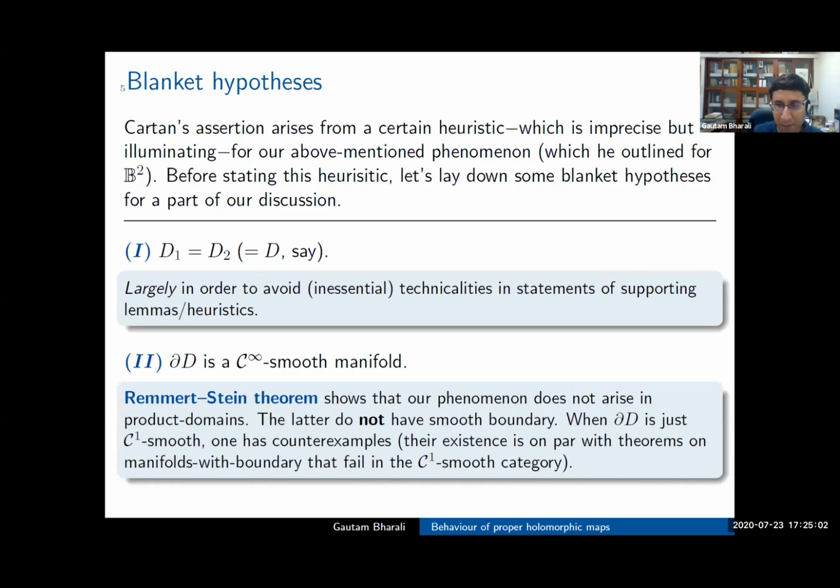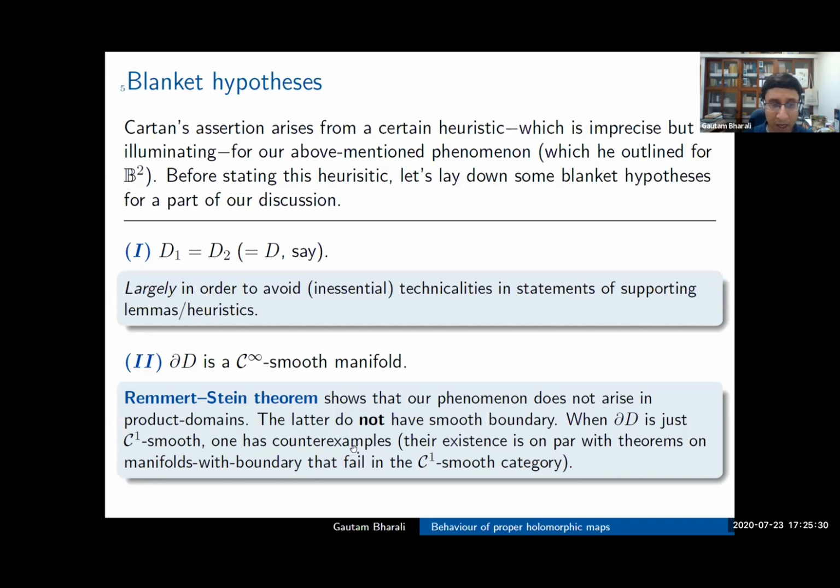When the boundary of D is just C1 smooth, one actually has counterexamples, and their existence is on par with theorems in standard real differential topology, about manifolds with boundary, that fail in the real C1 smooth category.